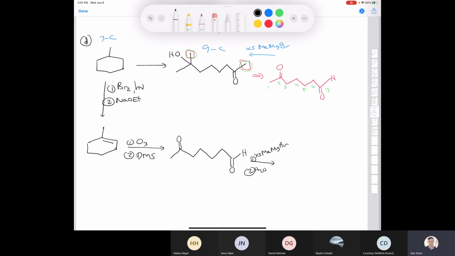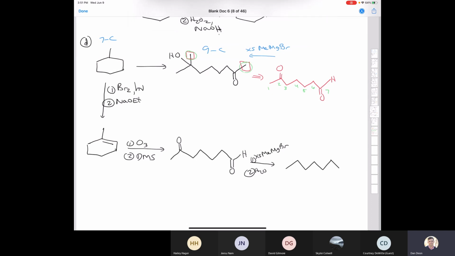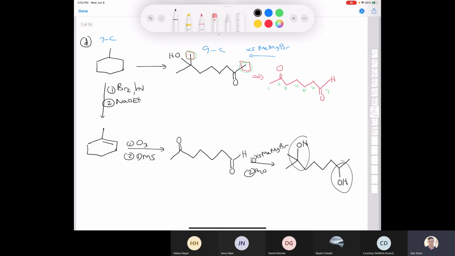I'm kind of running out of space here, but I wanted to show you something. I have 1, 2, 3, 4, 5, 6, 7. Then if I added another methyl group, I have the methyl group here. I'd form an alcohol here, and then I'd have a tertiary alcohol here, right? Now I need to convert this into a ketone. But if I treat it with oxidation conditions, I'm not going to oxidize this because it's a tertiary alcohol. So that means I can just treat it with whatever oxidizing agent I want.